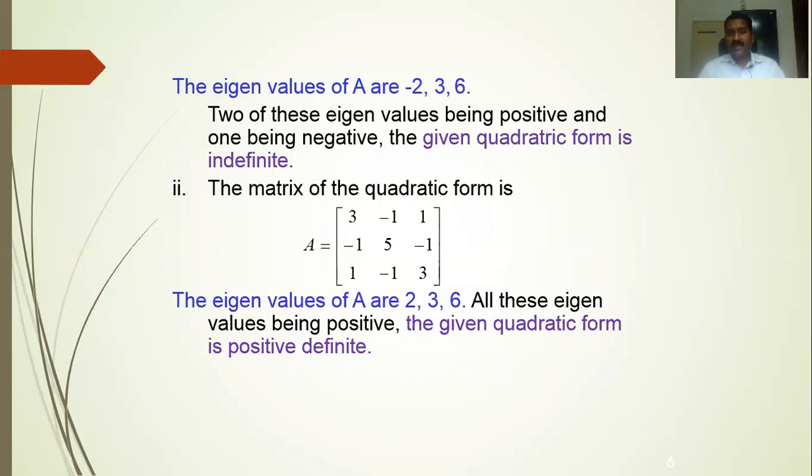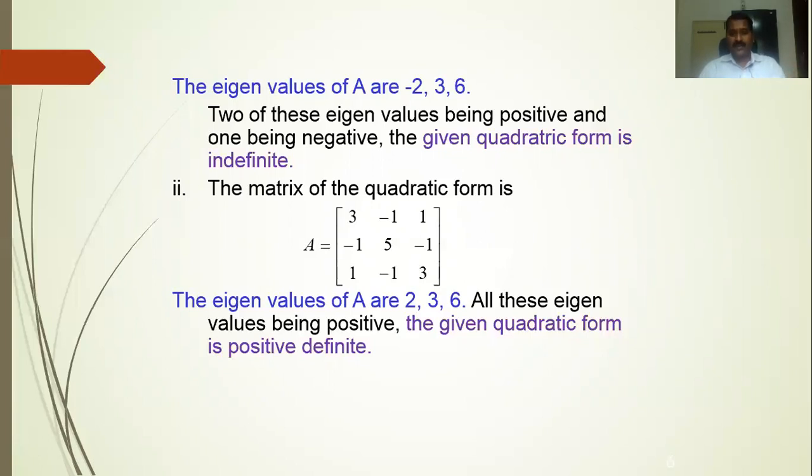So its index is 2. And what is its signature? Its signature is the number of lambda greater than 0 minus the number of lambda less than 0. So it's 2 minus 1, which is 1. So its definiteness is indefinite. Its rank is 3, its index is 2, its signature is 1.